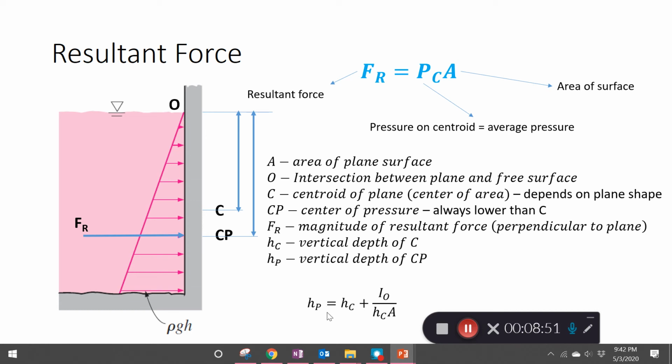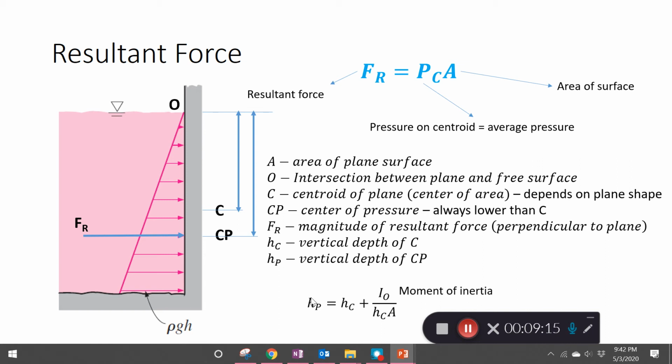Hp is a function of Hc, which is easily determined. We have I naught here, which is moment of inertia. If you remember your statics, moment of inertia. Hc again is the same thing here, and A is simply the area, which you already have.